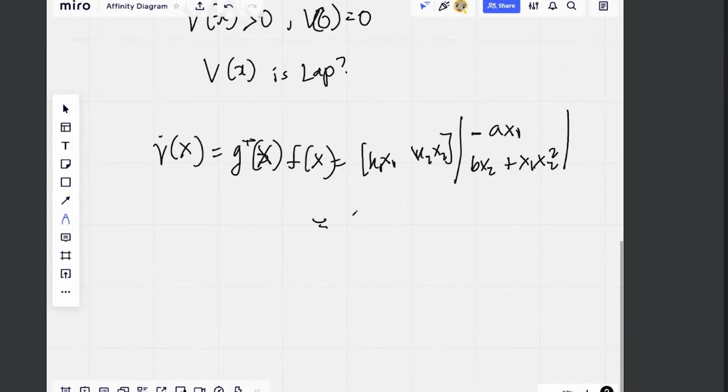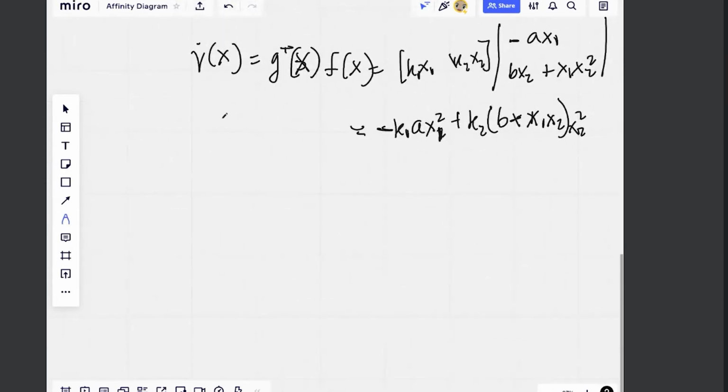On multiplying, we'll get −k1 (a x1)² plus k2 (−b + x1 x2) into x2². Now, just as an example to check, we can assume k1 and k2 greater than 0.